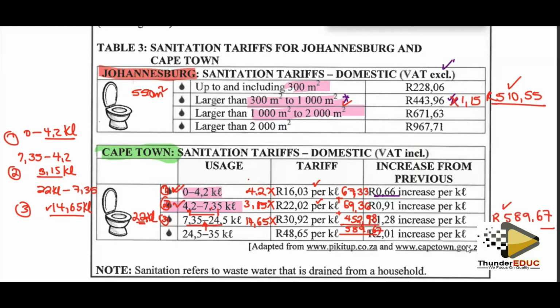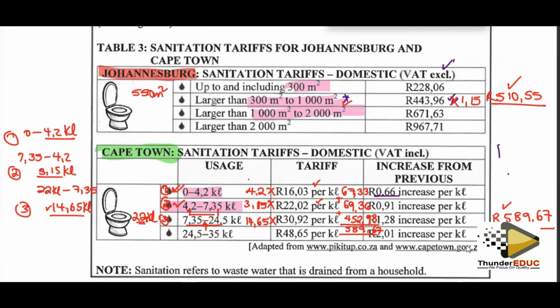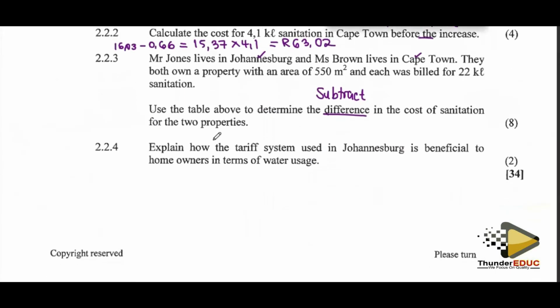And the difference, when you subtract the two, is 79 rands 12 cents. That's how we calculate the water tariff here. We are answering question number 2.3.